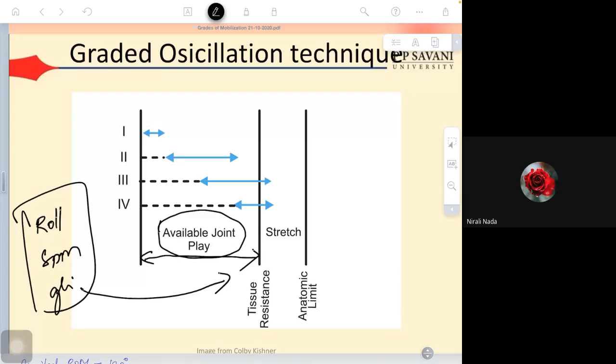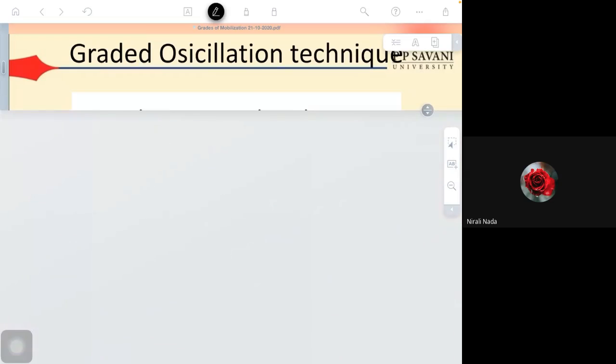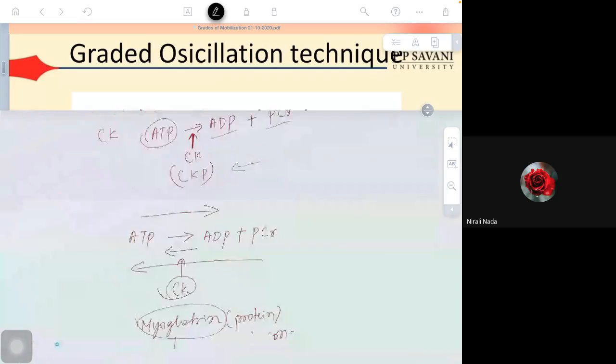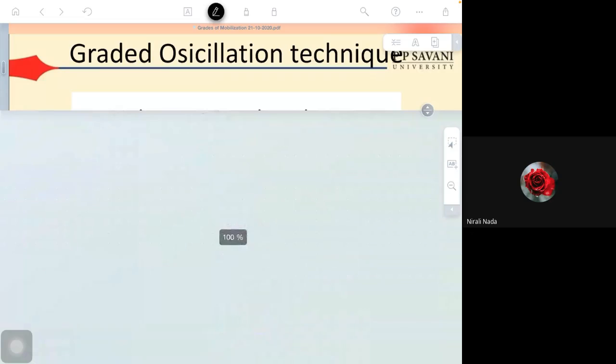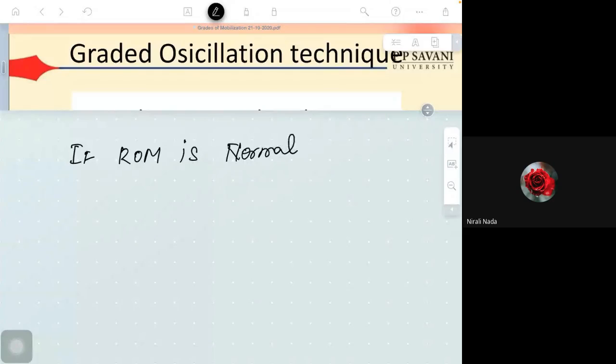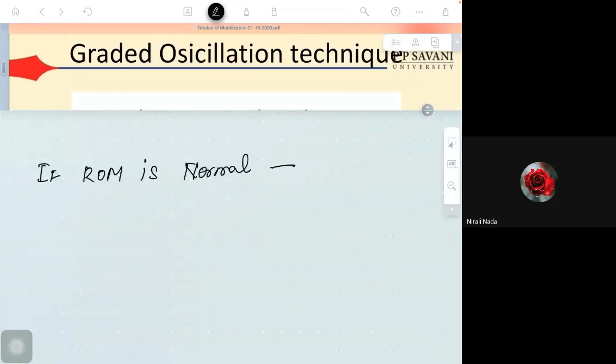Or if you want more specific, if range of motion is full, or in other words, range of motion is normal, what will be the available joint play?